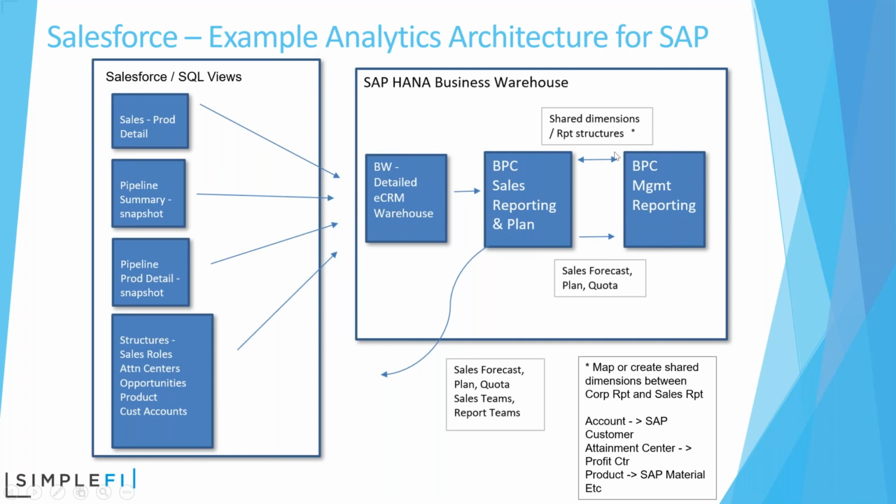There are dimensions that are shared between that model and an example management reporting or consolidated financial reporting application. So those structures that are shared help make sure that the sales reporting coming out of Salesforce ties back to SAP. You have shared entity structures around attainment centers and profit centers. You have shared customer account information coming out of Salesforce with your SAP customer information. You have shared product information.